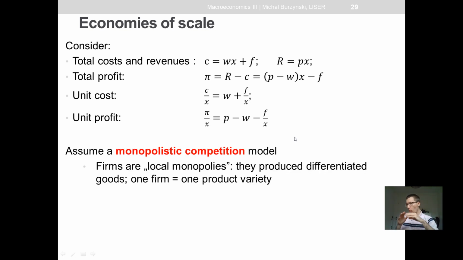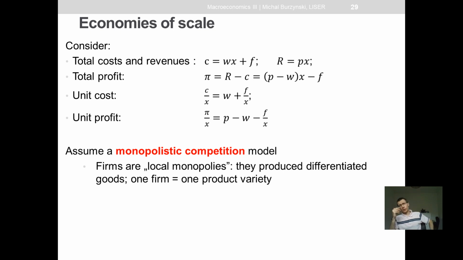Monopolistic competition, hopefully you are familiar with this model from your microeconomics class, but let us summarize very briefly this particular way of describing the economic production process, the industrial organization in general, which is the base for the Krugman model. So what are the assumptions of the monopolistic competition model?